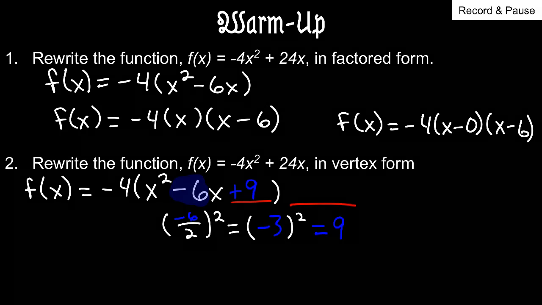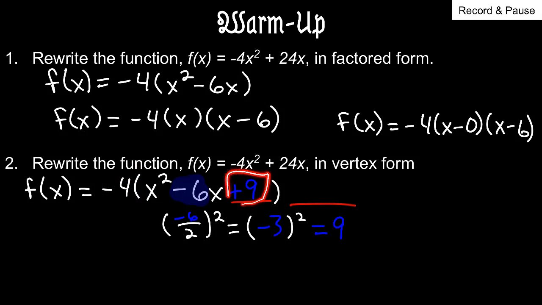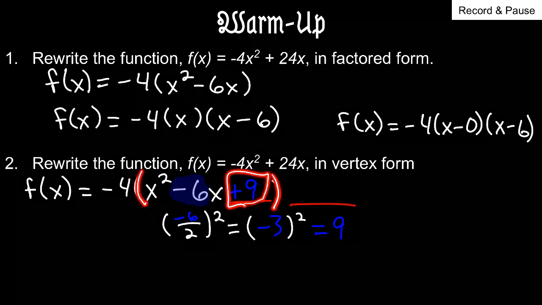Now you might think, oh, then we subtract 9 out here. If it weren't for this -4 out front, that would be true. However, when we add 9 inside the parentheses, we have to remember that we're really multiplying that -4 times the +9.